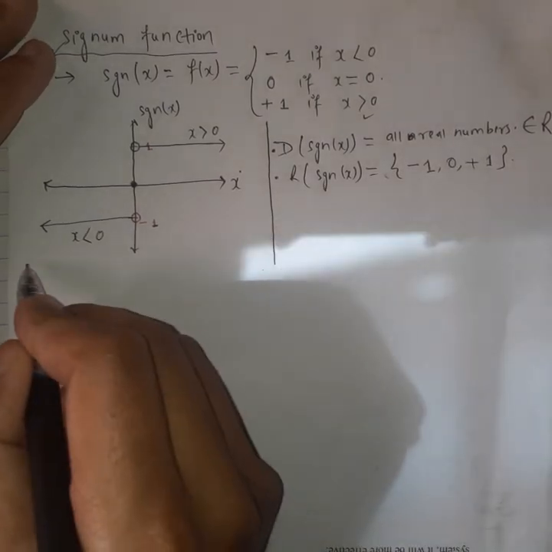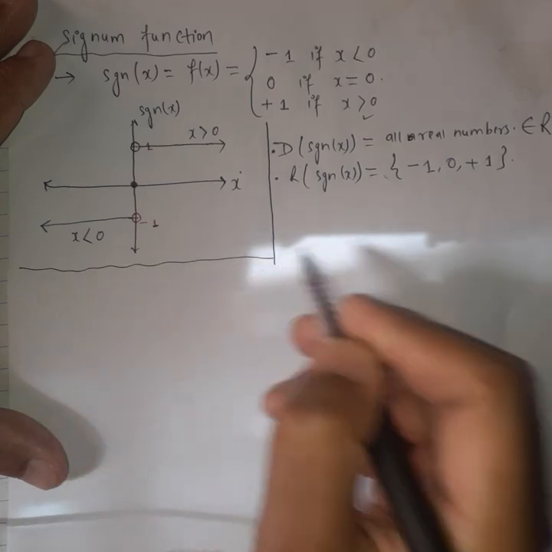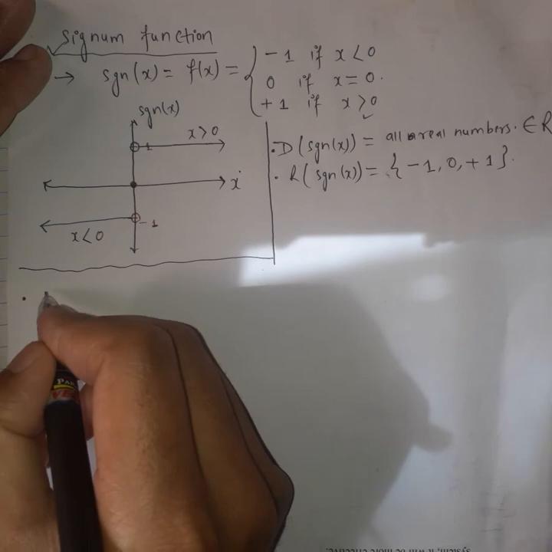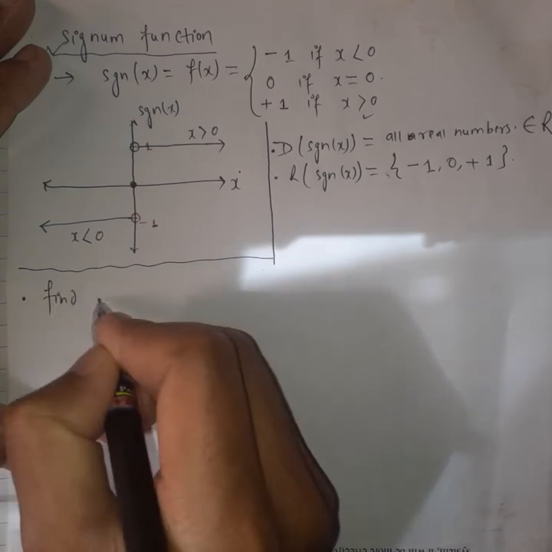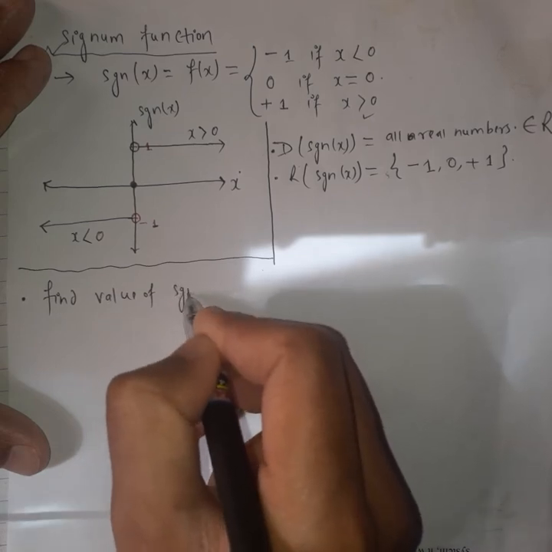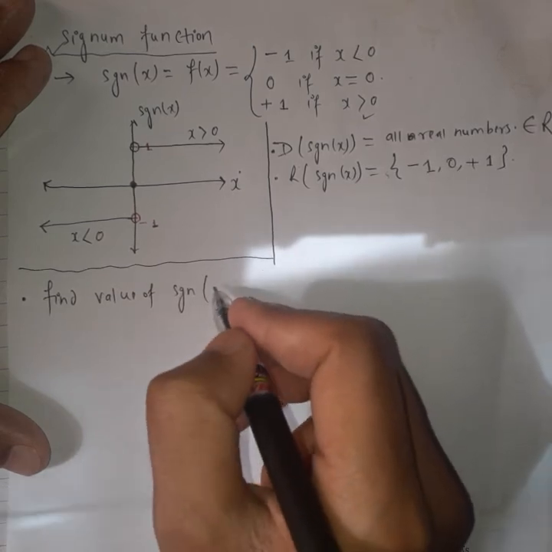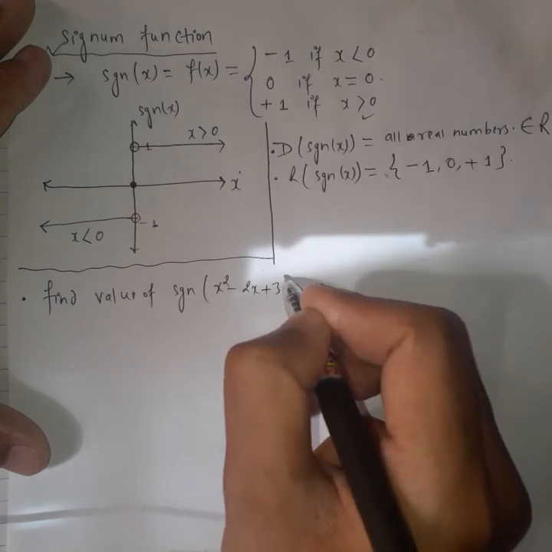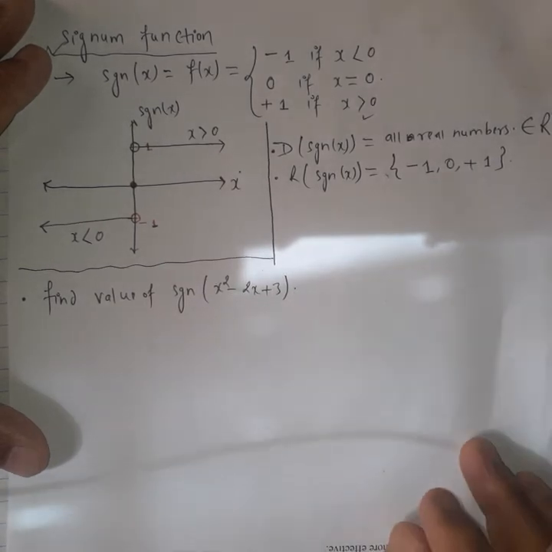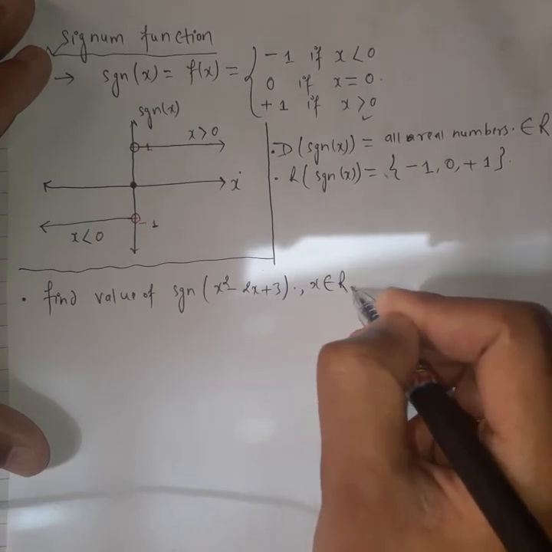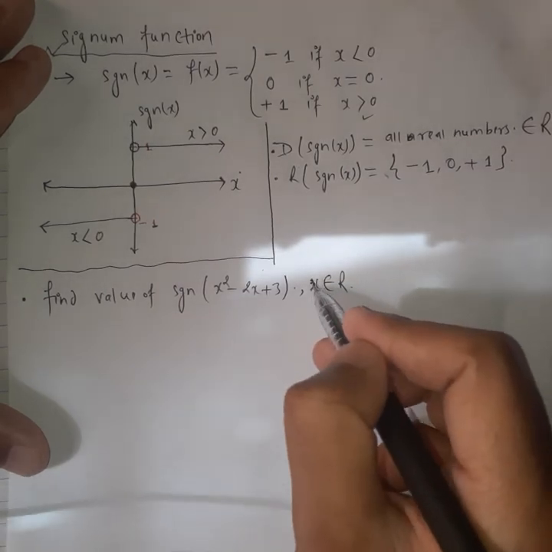Let's discuss more about this function with an example. The question is: find the value of the signum of the input x square minus 2x plus 3, given that x belongs to the set of real numbers.